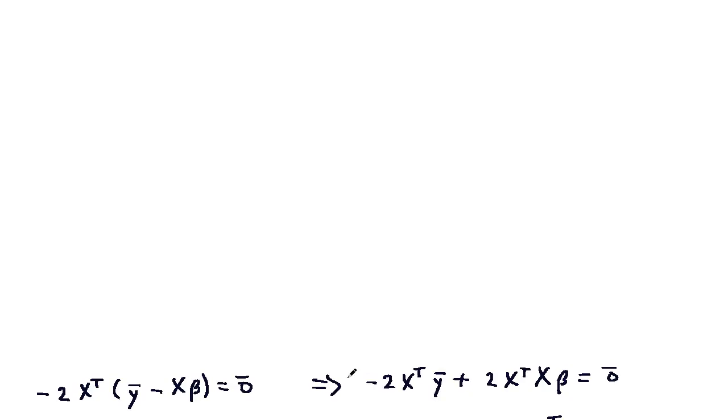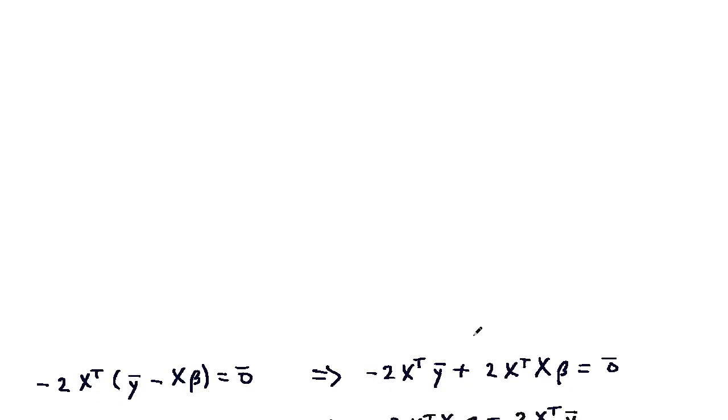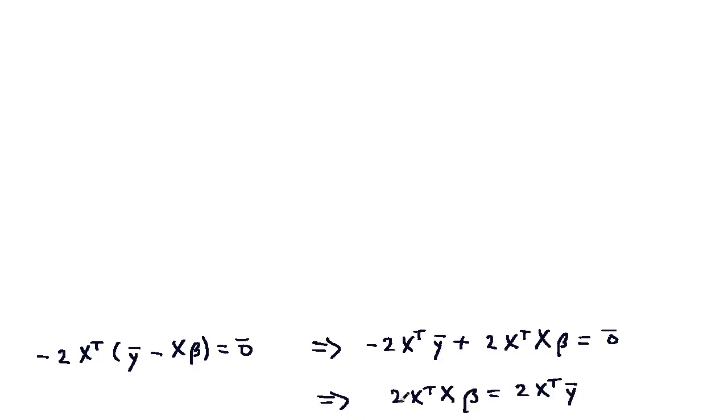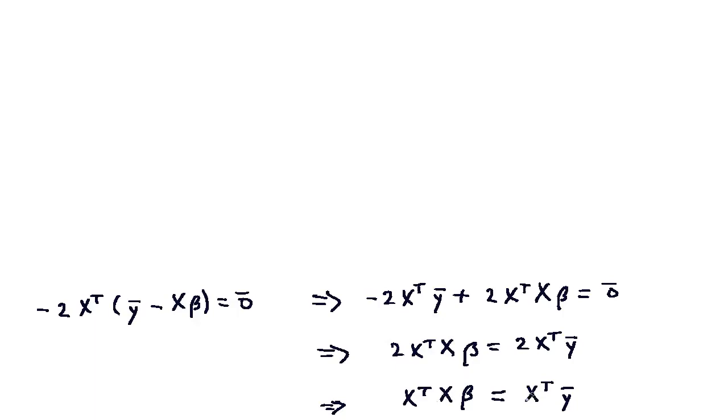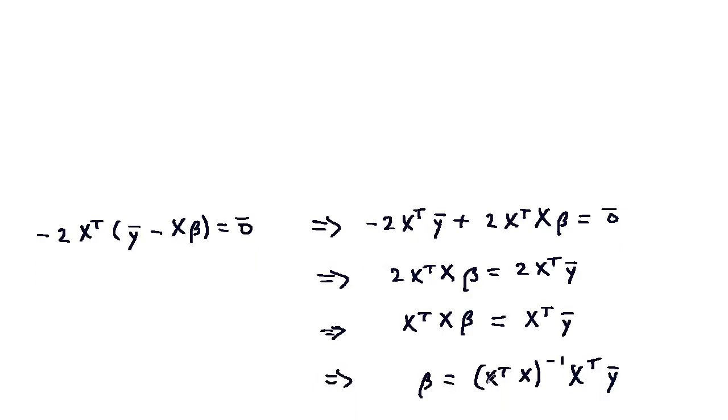Multiplying this out, we get this. And so 2x transpose x beta is equal to 2x transpose y. Divide out the 2, and we get this. Here we're trying to isolate beta, so take the inverse of x transpose x. We get beta equals x transpose x inverse times x transpose y.